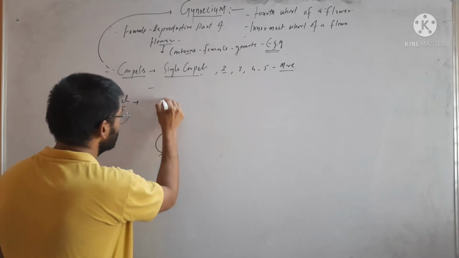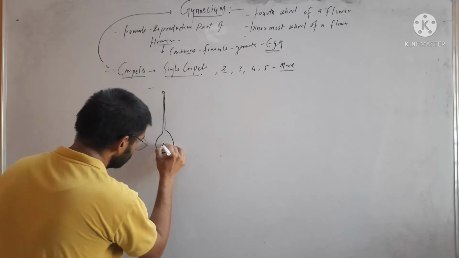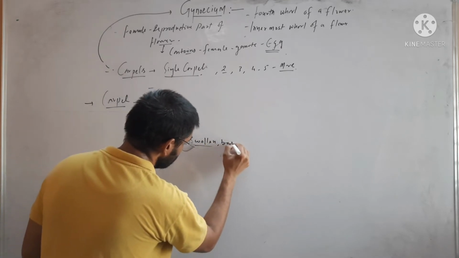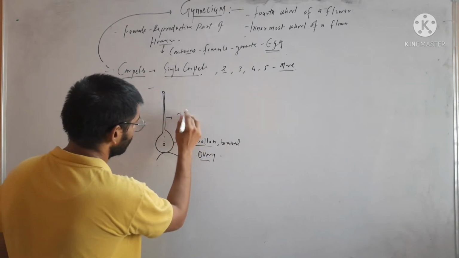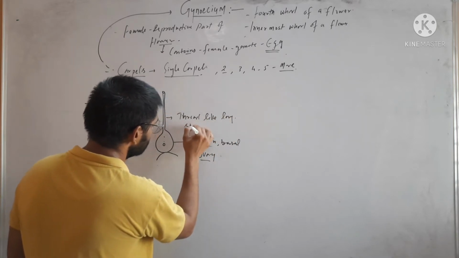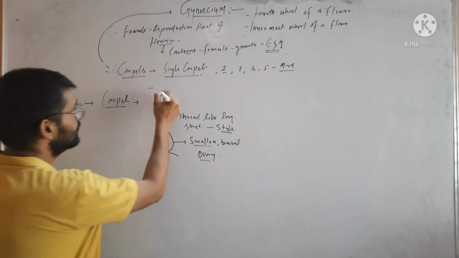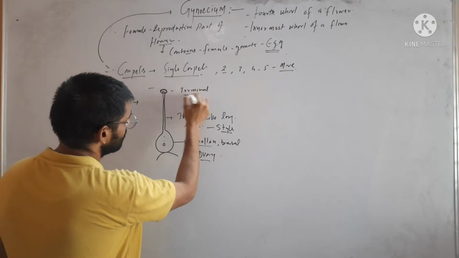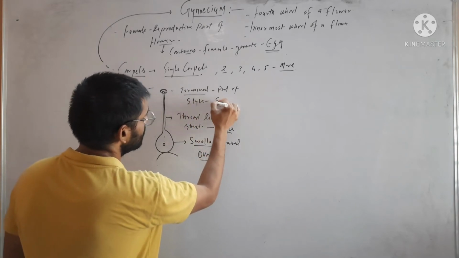A carpel consists of three different parts. A swollen basal ovary, a thread-like long structure that is called the style, and this style ends in a terminal part, which is called the stigma.